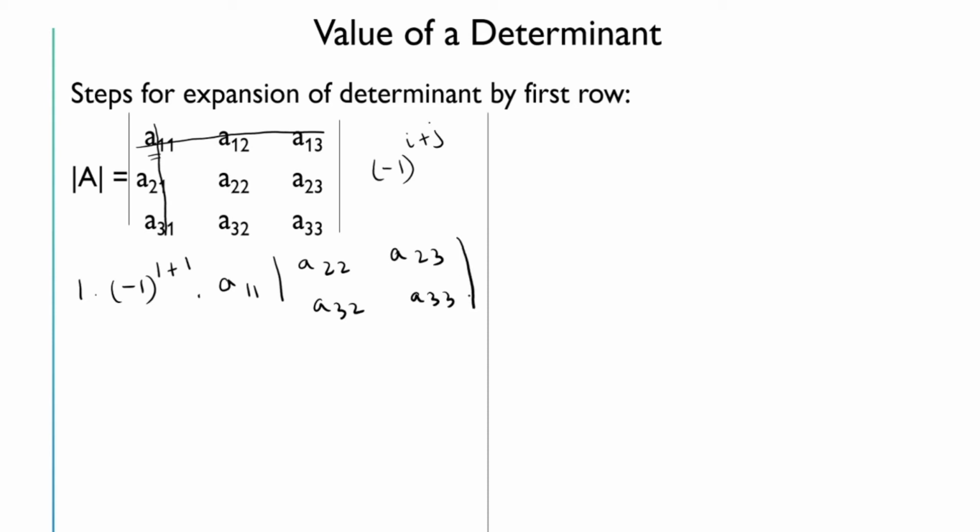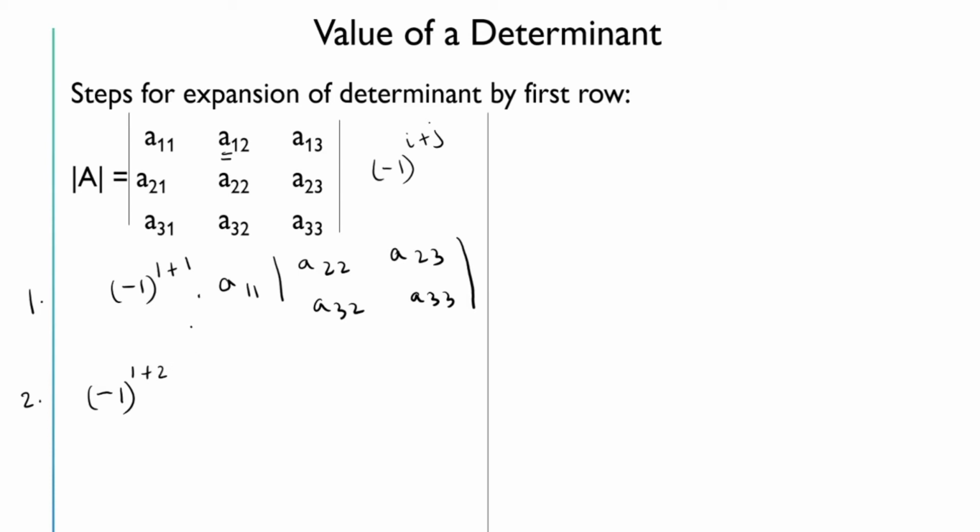So this is the first step. Now the second step. Here we have to take the element A12. Here i is 1, j is 2.